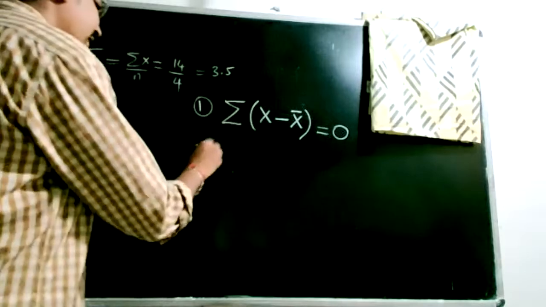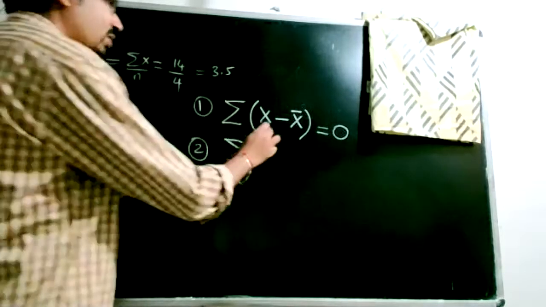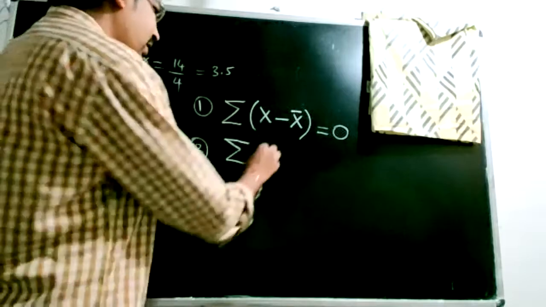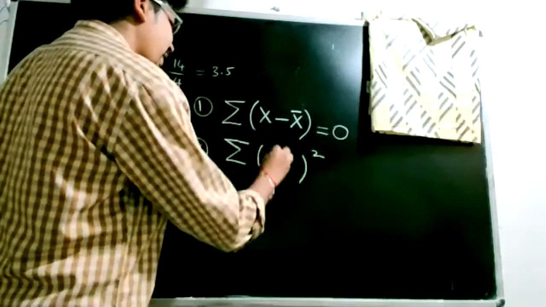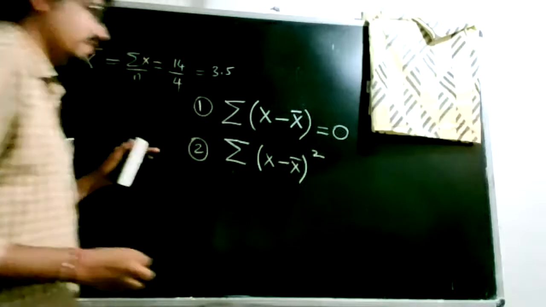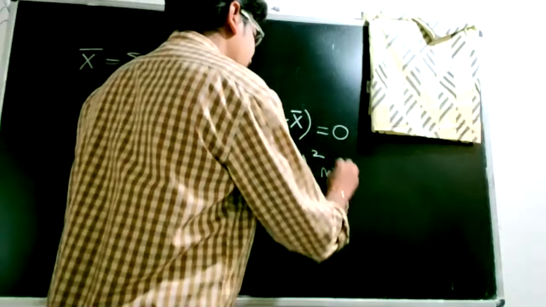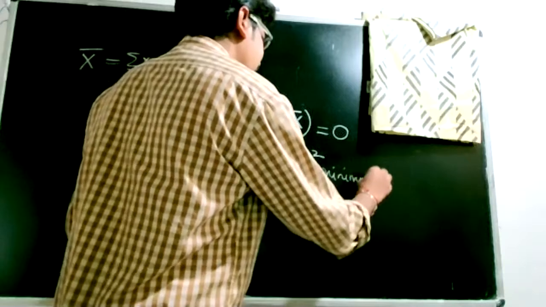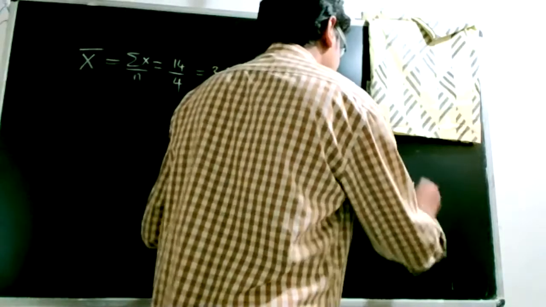Now if you look into the second property, this is somewhat called an error. If you obtain the squared deviations or the squared distances from x bar and its total, that is always minimum compared to any other such measure.